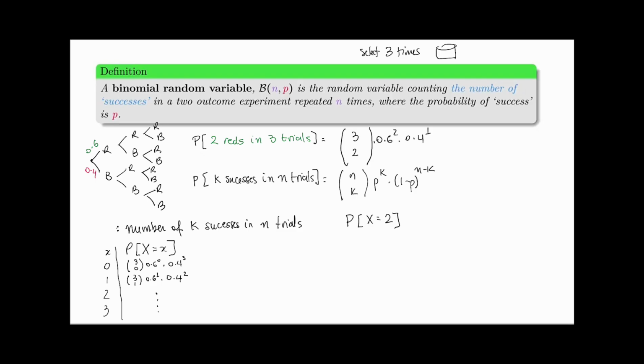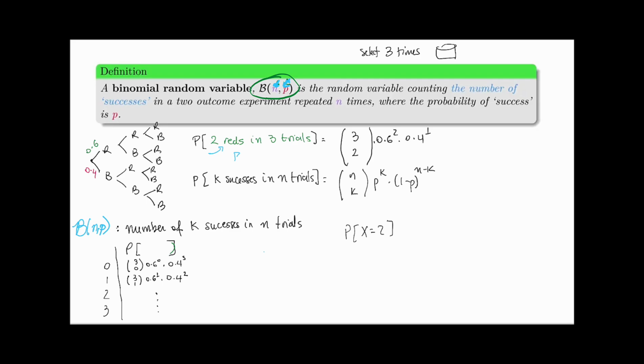They actually called it a special name, this stylish b. They baptize x as a fancy b, and this fancy b brings with it some information about the number of trials and the probability of successes.